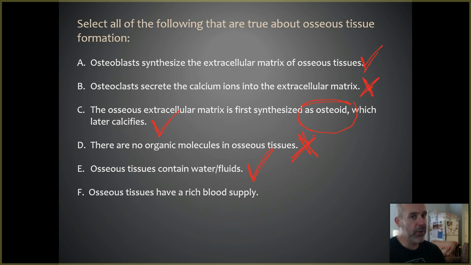And so even within bone, even within the osseous matrix, even though you're used to seeing it maybe if you've been in a lab before with bones, they're dry, but that's because they've become dehydrated over time. Inside the human body, the osseous tissues are hydrated and contain water in them. Osseous tissues have a rich blood supply. Yes, we've mentioned that several times.